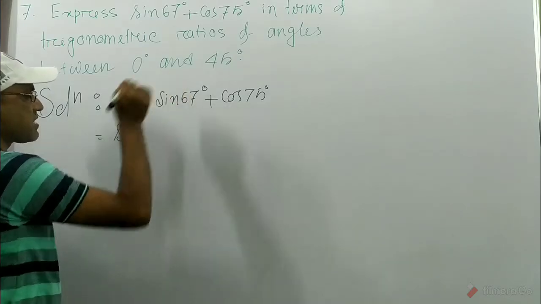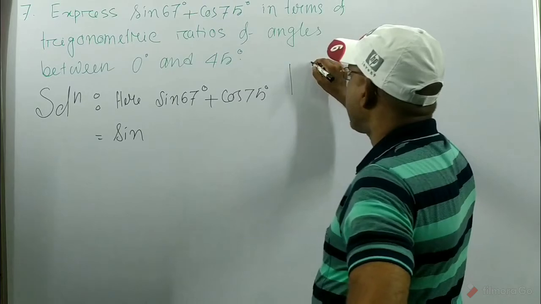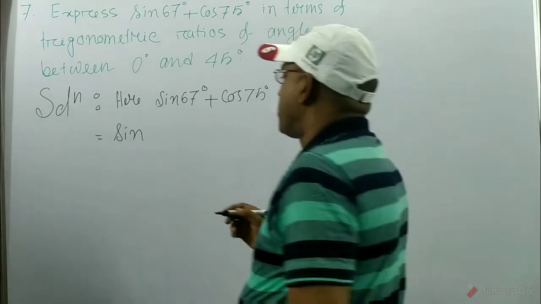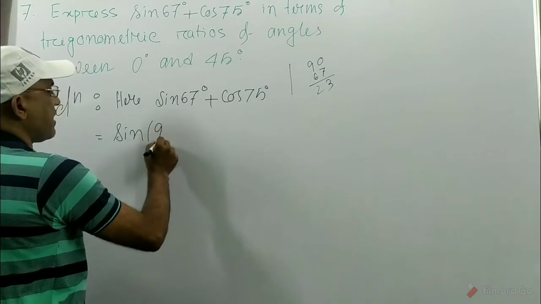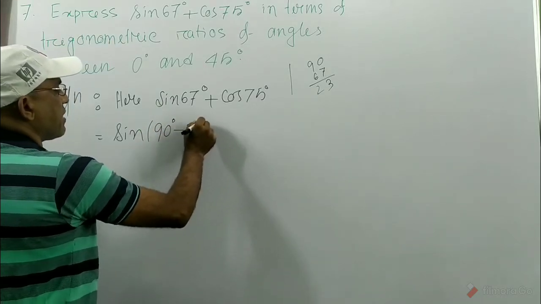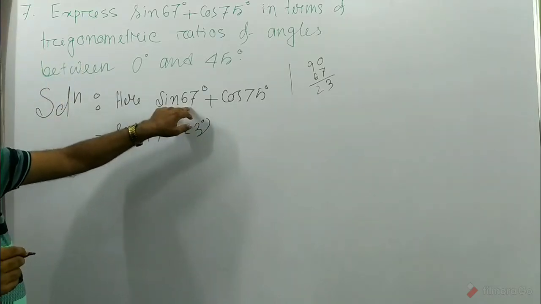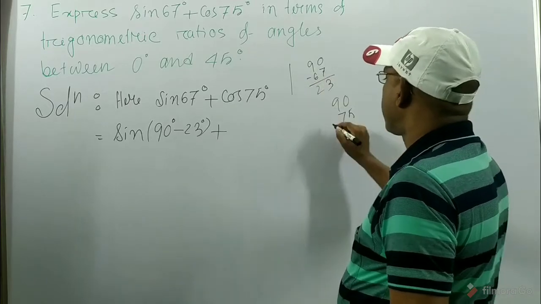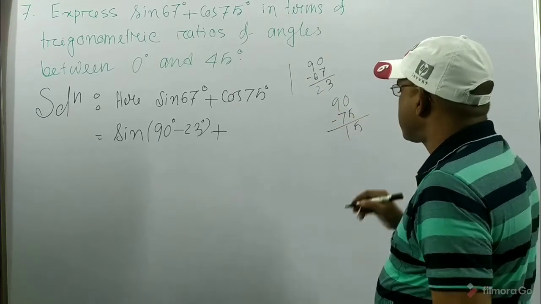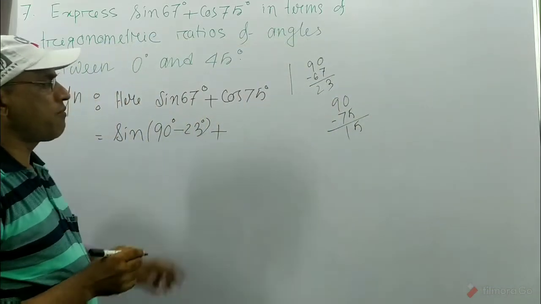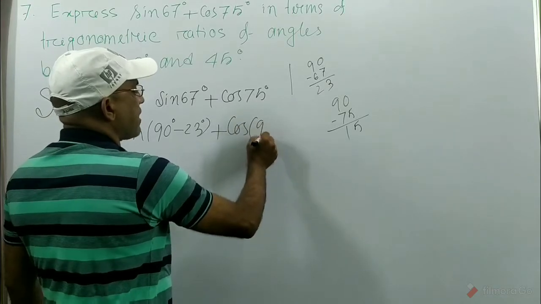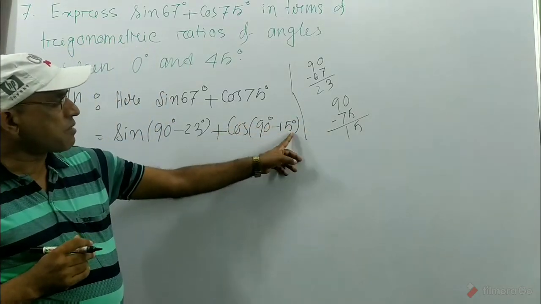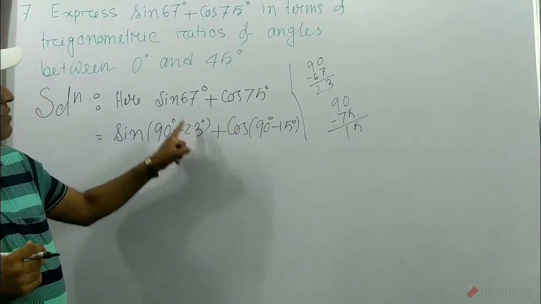Sin 67 we can write as sin of (90 degrees minus 23 degrees), since 90 minus 67 is 23. Again for 75, 90 minus 75 is 15 degrees. So 75 we can write as cos(90 degrees minus 15 degrees). So 90 minus 15 gives 75, and 90 minus 23 gives 67.